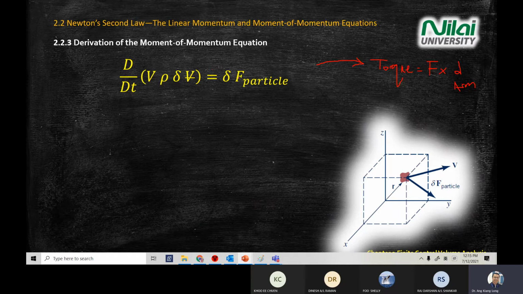You will change this second Newton law to a torque equation, or moment of momentum equation. Before that, look at the diagram on the right-hand side of your screen. This is the red color particle, and the reference axis here is x, y, and z. Our origin is at the center here, and we measure from the center to this red particle at a distance of r. This particle is moving at a velocity of v. So there must be some force that makes this particle move.